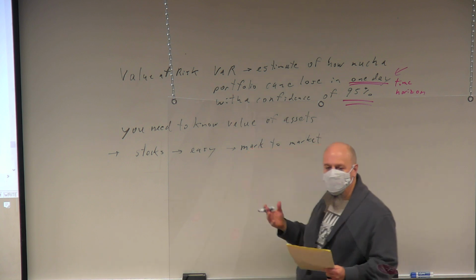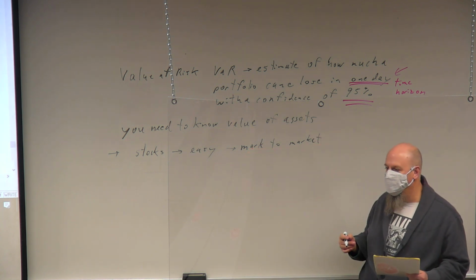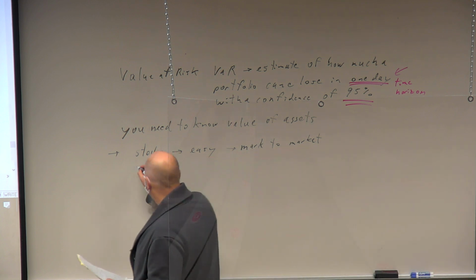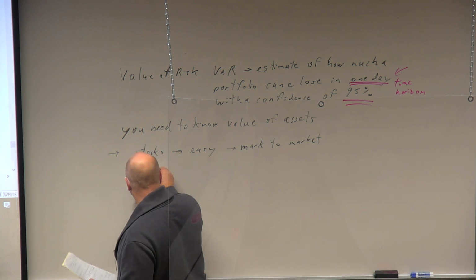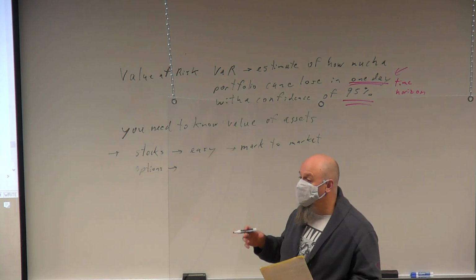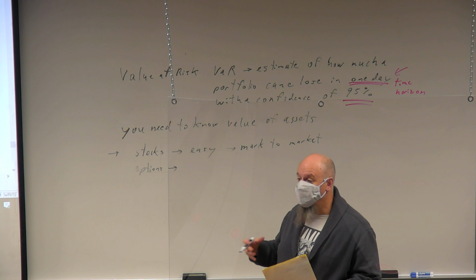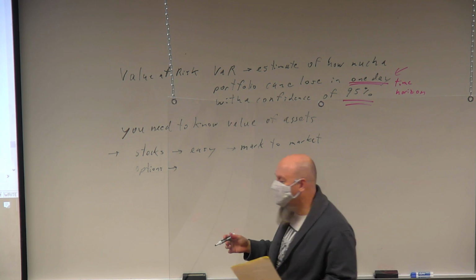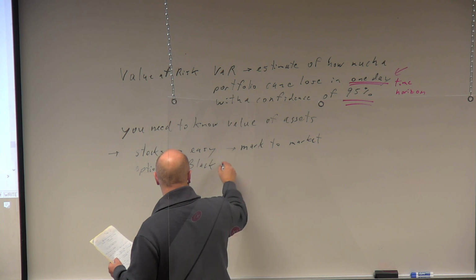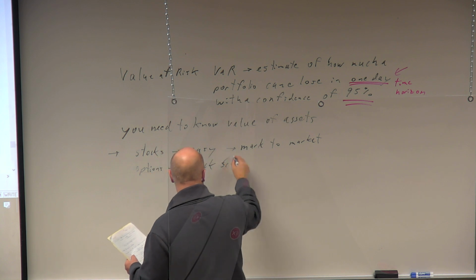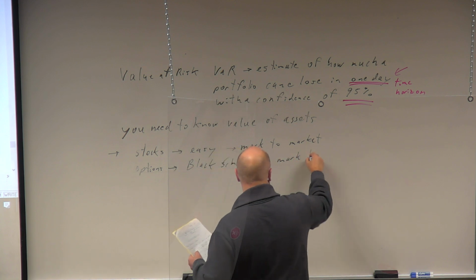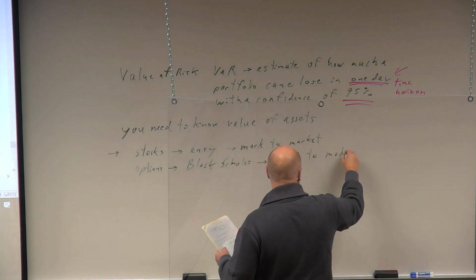So things that are liquid, you could just see what you could sell them for, a mark to market. If it's an option, calls, puts, stuff like that, you could mark to market if they're liquid. If it's an option that's very much traded, you could, but we could also use things like the Black-Scholes equation, and that's mark to model.